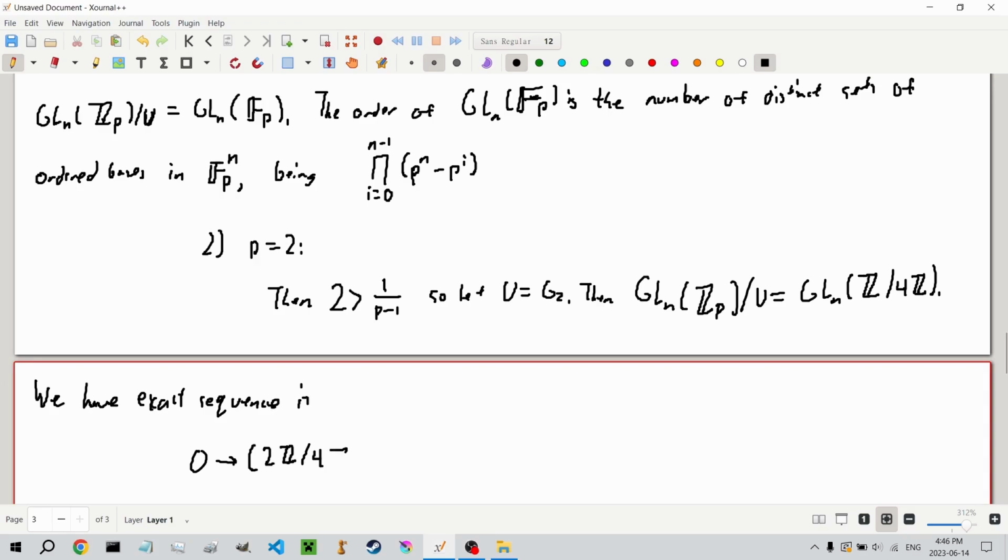Well, that is going to be distinct from Z over 2Z in its multiplication table, and squared being sent to GLn of Z over 4Z being sent to some element of GLn of Z over 2Z, being sent to 1.